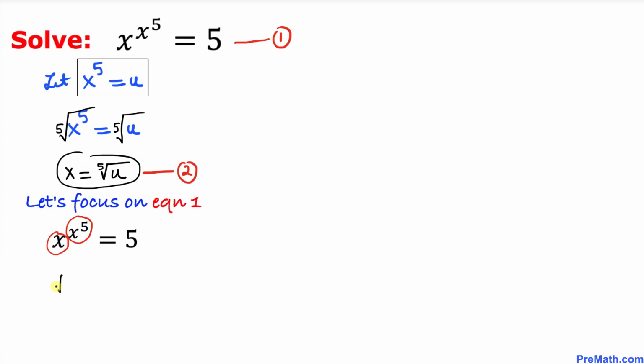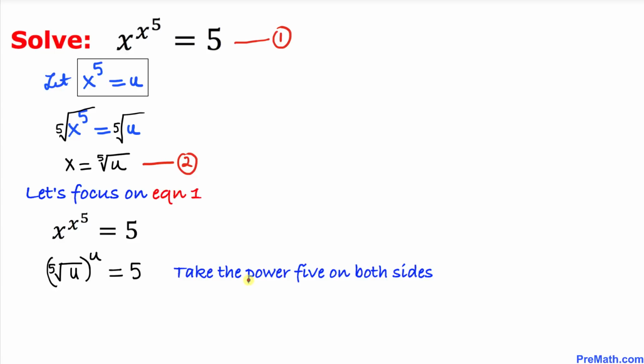I'm going to write down the fifth root of u, and then this x power 5, as you can see, is simply u. So I'm going to take then power u equals 5. And now let's take the power 5 on both sides of this equation. I'm going to take power 5 on the left hand side, and then power 5 on the right hand side as well.